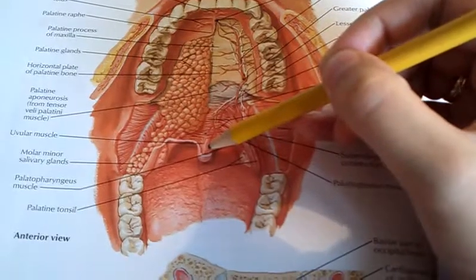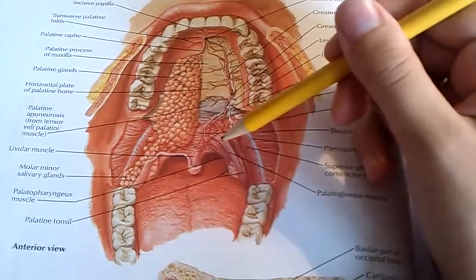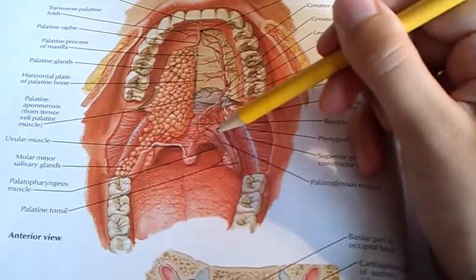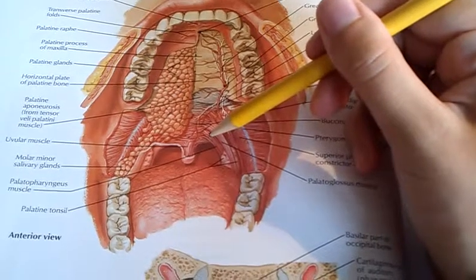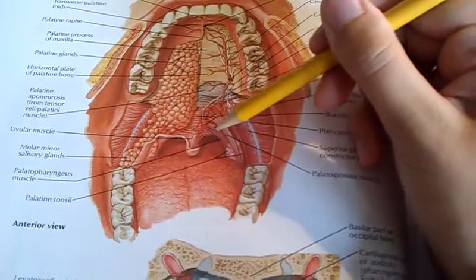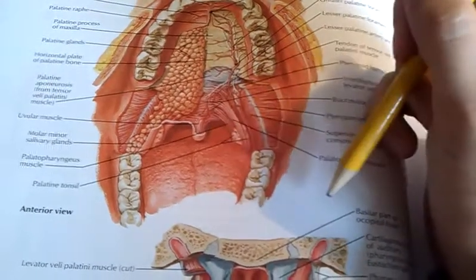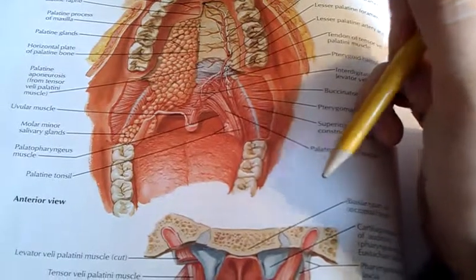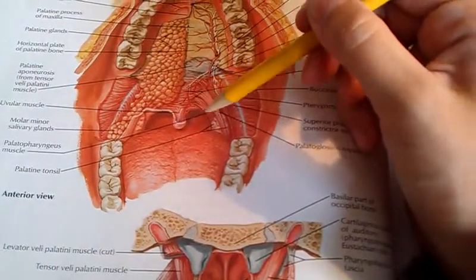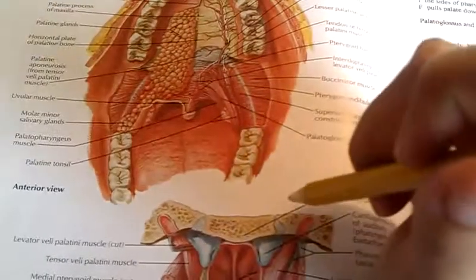And you have the palatoglossal muscle, now you're looking from the front, which is this thin one, and behind it you have the palatopharyngeal muscle. And these two muscles create the arches that I told you about. So palatoglossal arch, palatopharyngeal arch. And in between here you have the palatine tonsil.